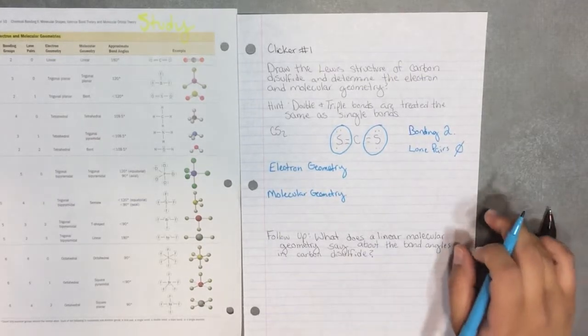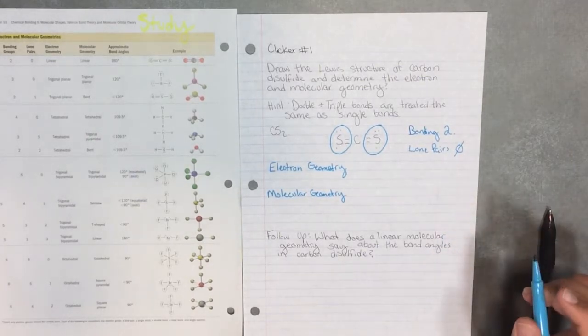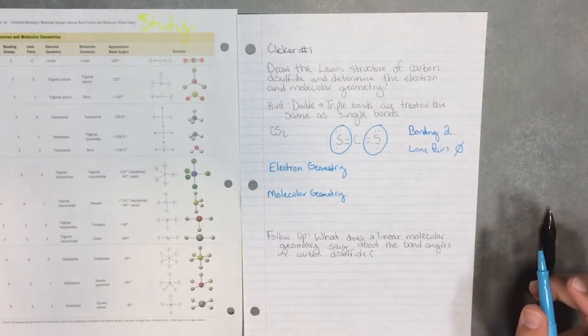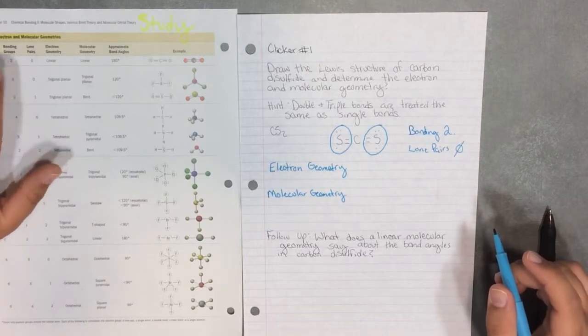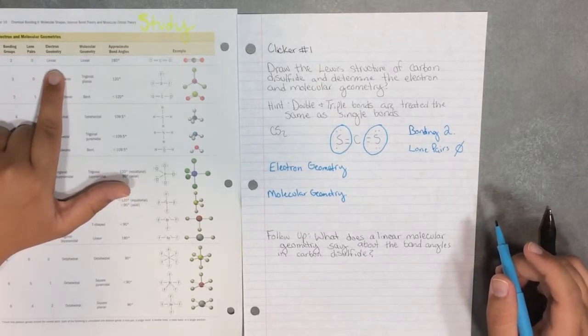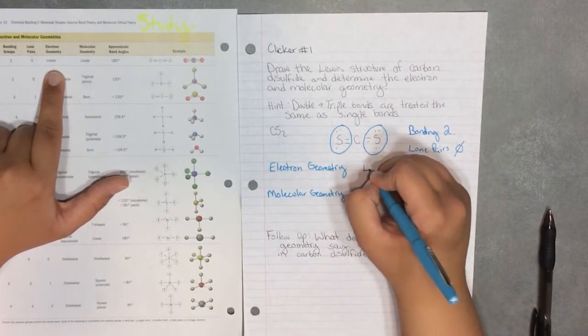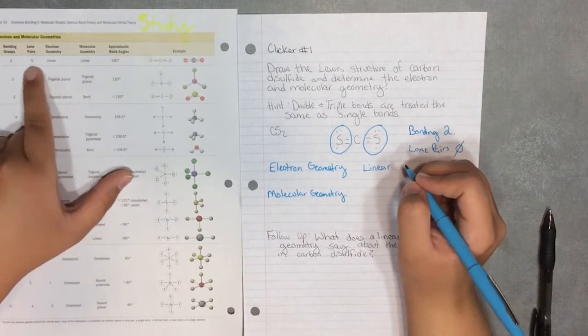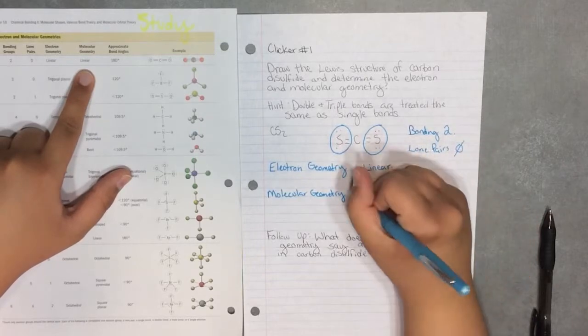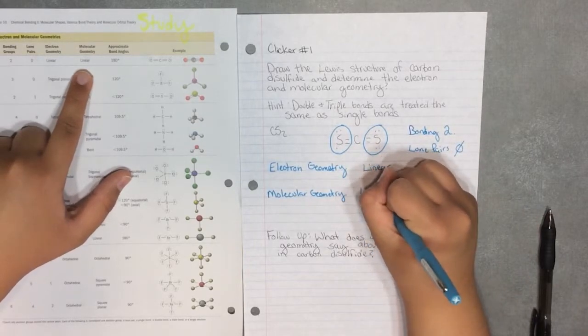You'd probably need to memorize this to be able to work these problems efficiently. If we look up 2 bonding groups and 0 lone pairs, we'll see the electron geometry is linear. Also, since there are no lone pairs, the molecular geometry is also linear.